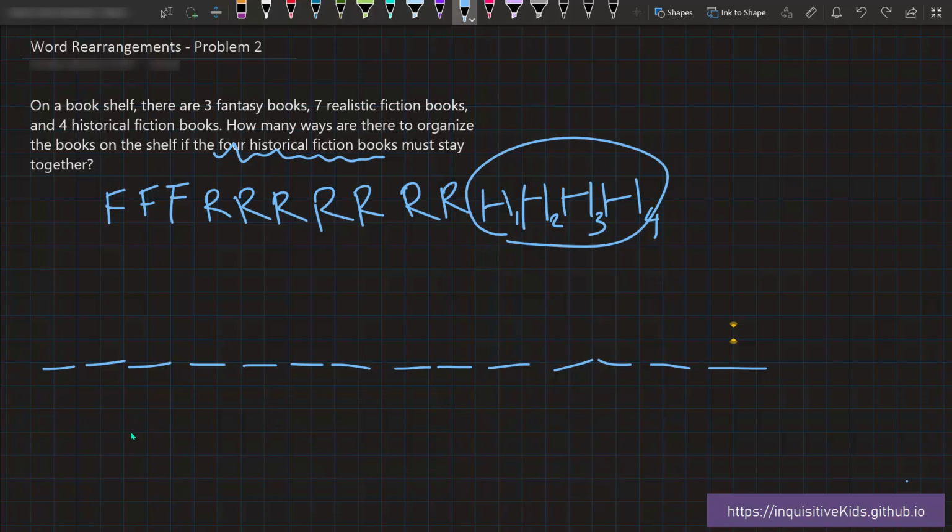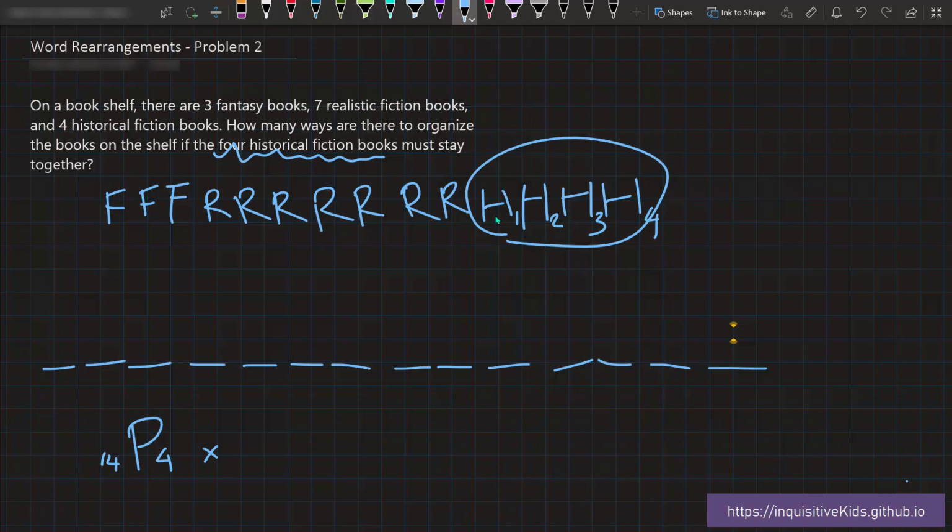So the first thing we can do is a permutation. So out of 14 slots, we are taking out 4 slots for this group of historical fiction books. And then that's not it, because in this group itself, there are different ways we can rearrange the H's.